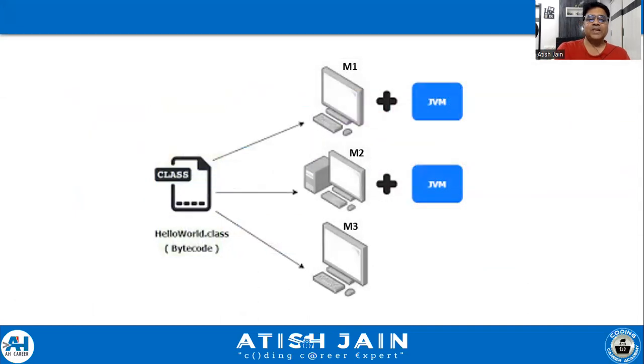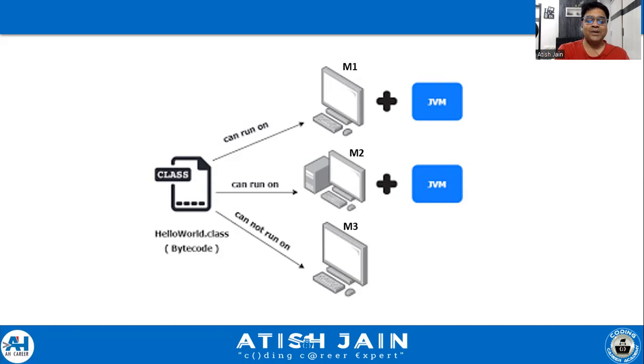So guys, can you look at this picture? And can you see, on machine 1, this code will run. On machine 2, this code will run. And it won't run on machine 3. Why? Because machine 3 does not have JVM installed on it.